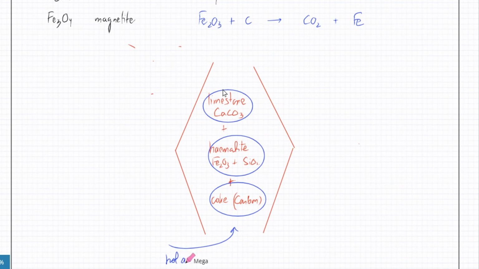The first thing is that hot air is blasted from the bottom of the blast furnace, and the coke ignites, catches fire, and starts to burn.